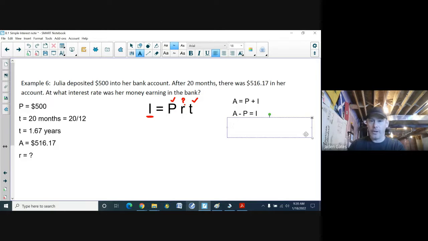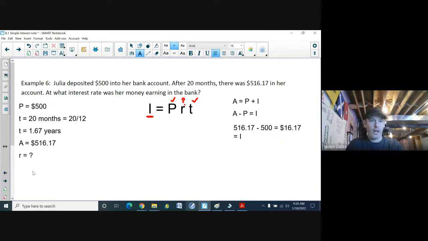So let's see. Well, there is $16.17. Julia put $500 in there. And so the interest is just $16.17. All right, so I'm going to put that down here now. So my I is equal to $16.17 in interest.